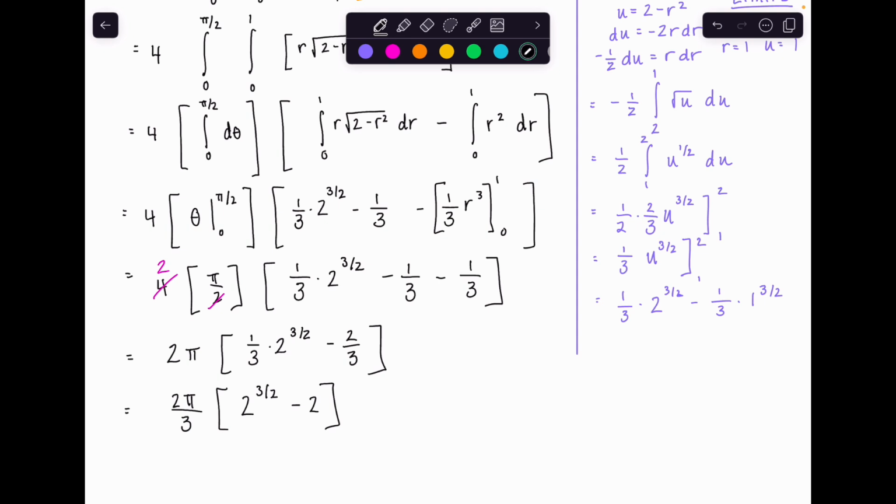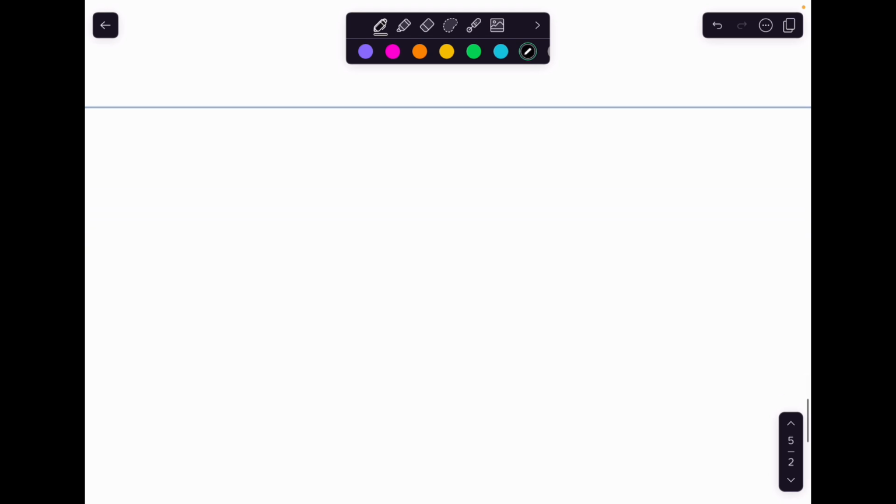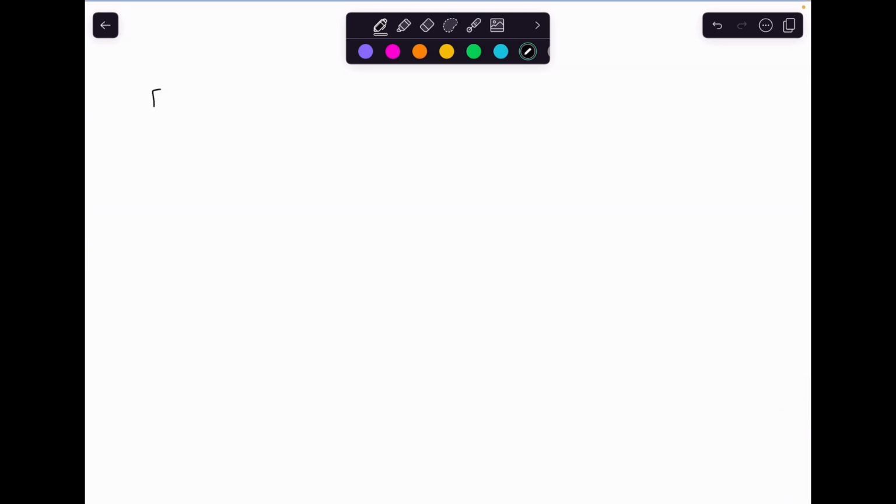It really just changes the constants slightly. But just so we can get familiarized with this. So for our last example, for cylindrical for now, again, we're going to do it when we talk about spherical too. We're going to set up the volume of the solid.